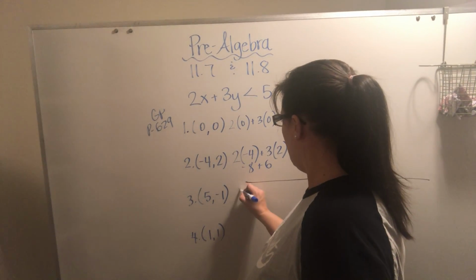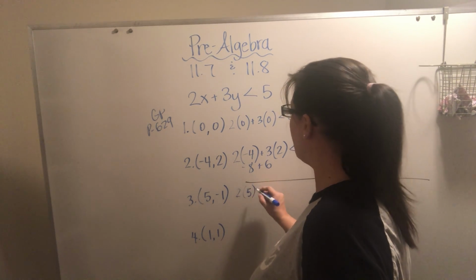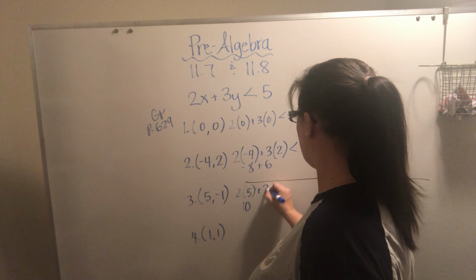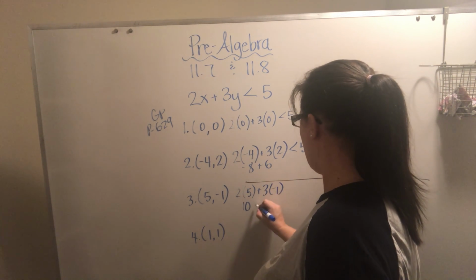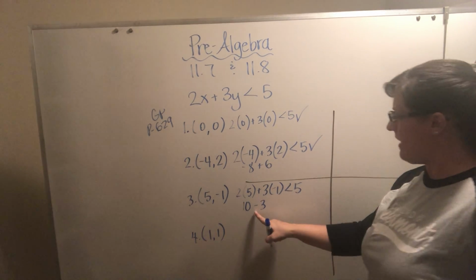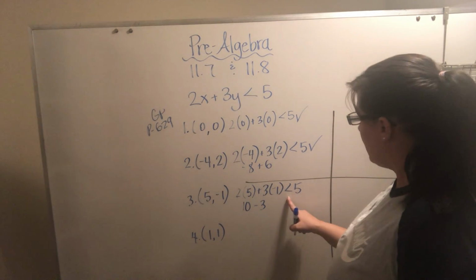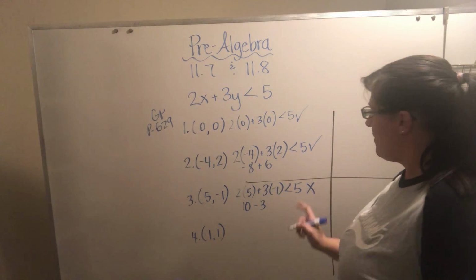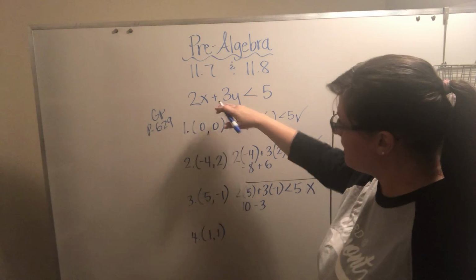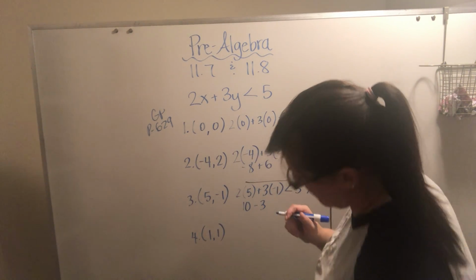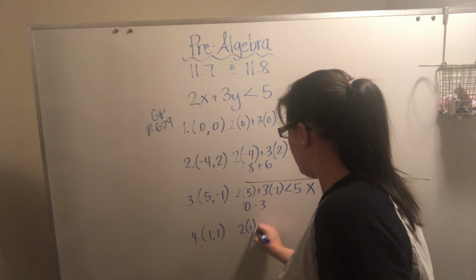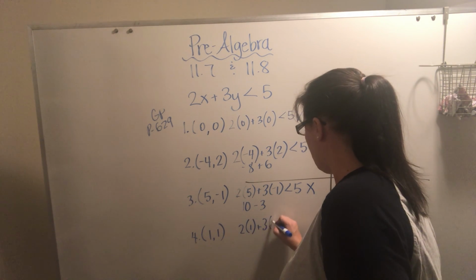5, negative 1. 2 times 5 is 10. And then we have plus 3 times negative 1, minus 3. Is that less than 5? 10 minus 3, 7. That's not less than 5. So no, that point would not be a solution of this inequality. Okay? 1, 1. 2 times 1 plus 3 times 1.